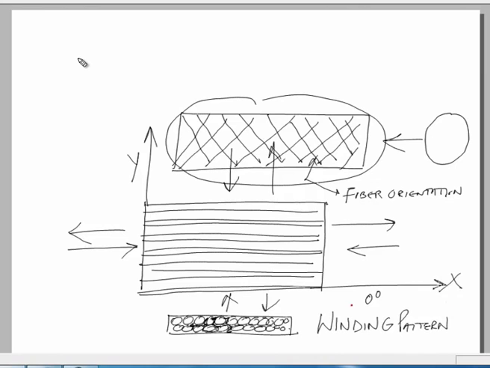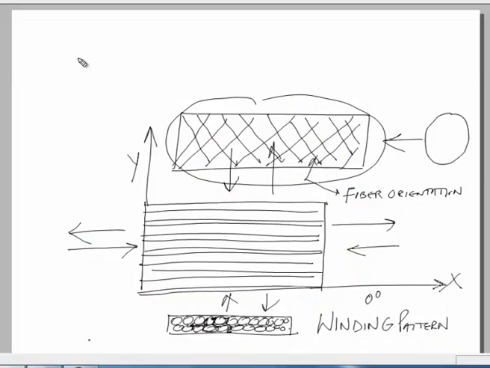So, we can alter the winding pattern and we can properly dictate the properties of the filament wound composite product. In this process of filament winding, fiber orientation is a very important critical parameter which has to be taken into account while designing the composite product or the part which has to be made by the filament winding process.